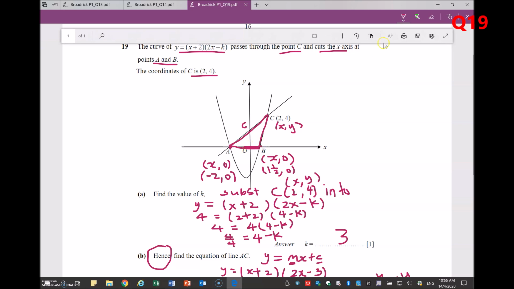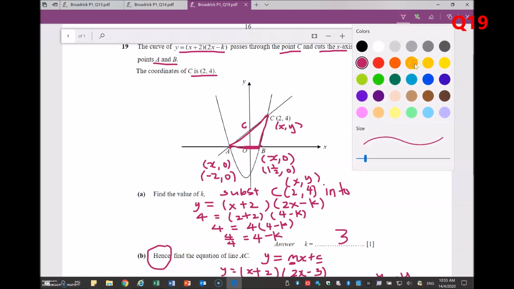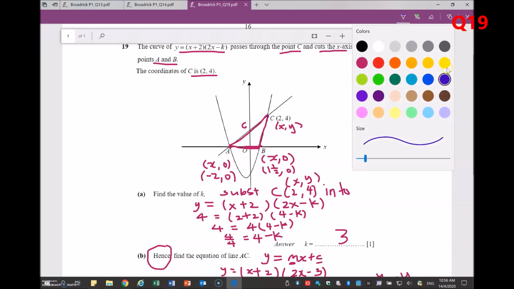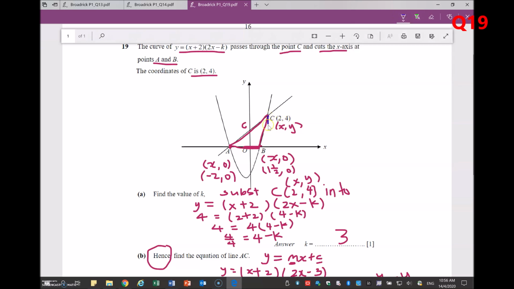What about the perpendicular height? The perpendicular height is dropping from point C downwards. I'm going to draw a perpendicular line from C to the base AB.